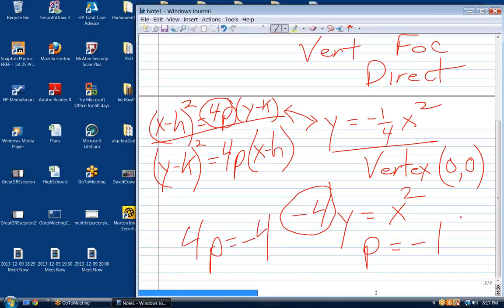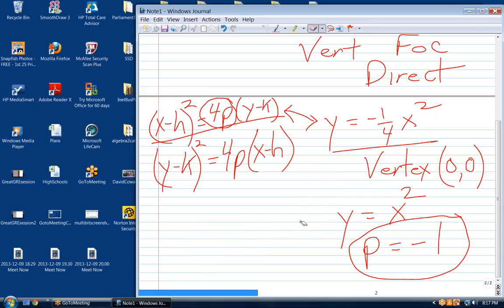Okay, so we know the focus is down 1 from the vertex. And we've already figured out that it's a vertical one. So what is the coordinate on the focus if p is -1? The focus is a point.